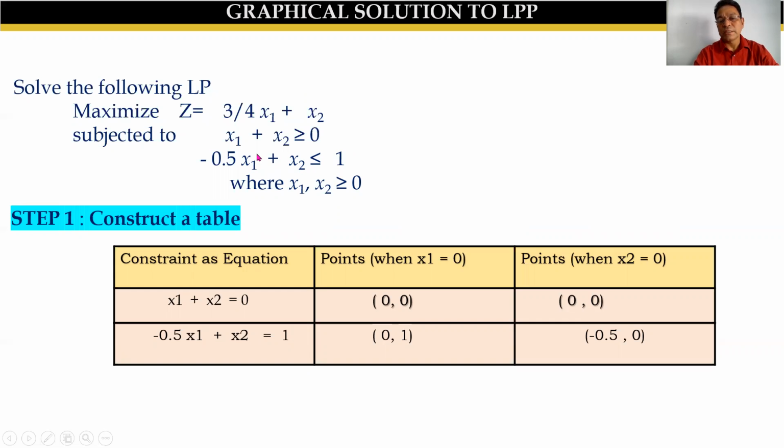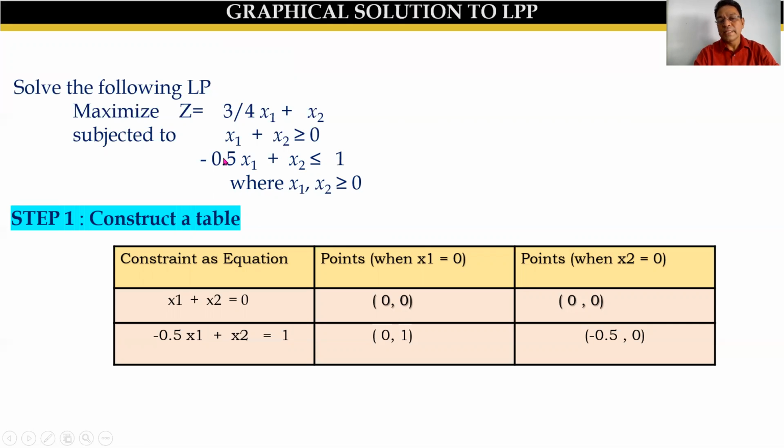But if we consider any value of x1, suppose x1 is equal to 50, then this will become 0.5 times 50, that is 25. So minus 25 plus the value of x2, say 10, will be negative. That is less than 1.